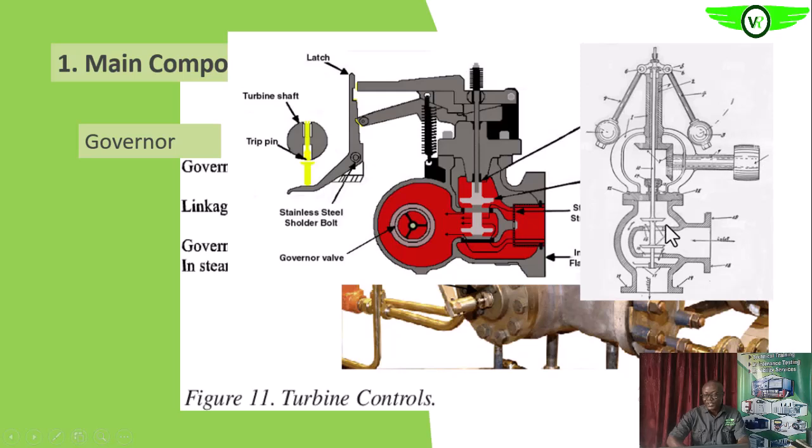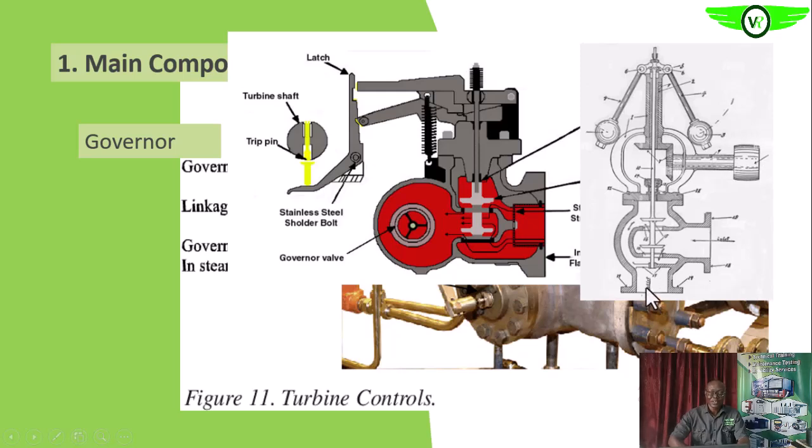As the speed is increasing, what will happen? You see that the disc will push down, and that will tend to reduce the space, or the clearance, between the valve disc itself and its seat, thereby reducing the amount of steam that is administered into the steam turbine.